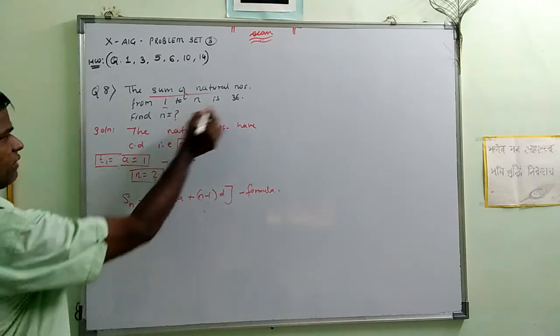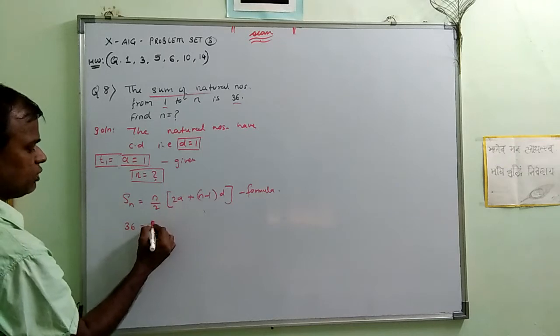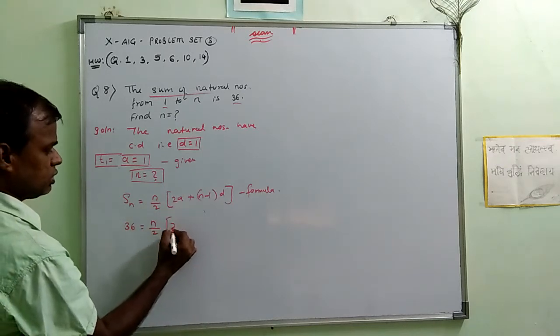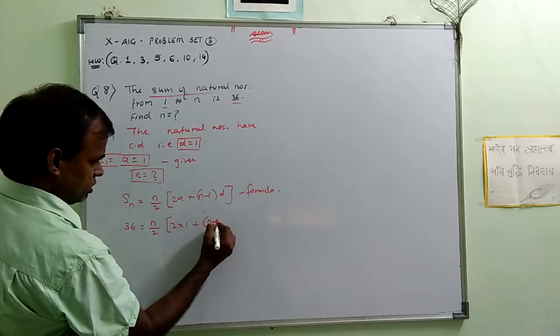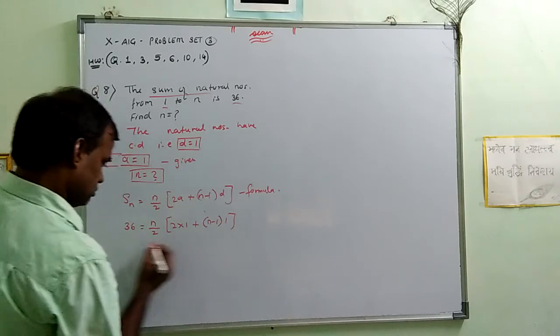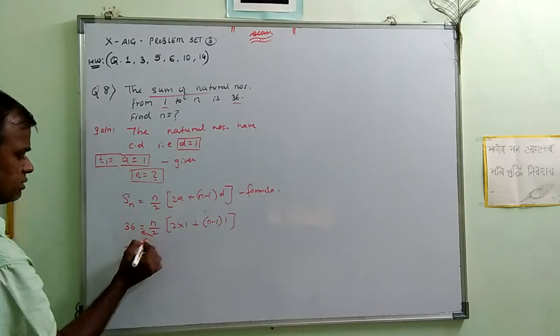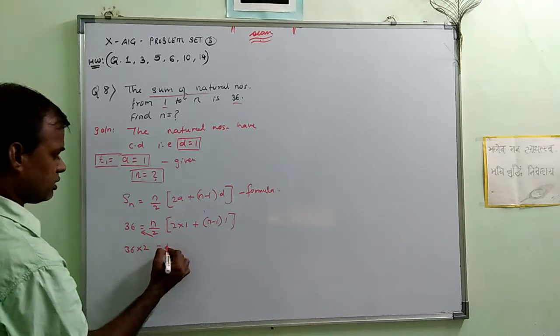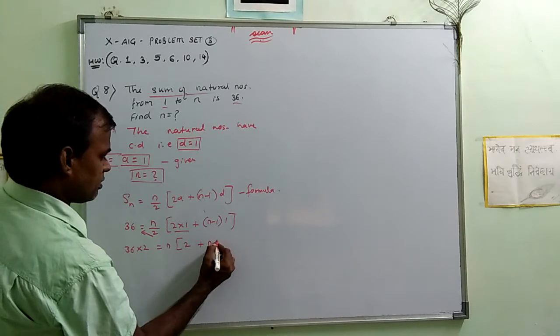S of n value they have given is 36, and we don't know n. 2 into A, A is 1, n minus 1 we don't know, and D is 1. This gives us 36 into 2, this 2 goes here, equals n, 2 ones are 2, plus n minus 1.